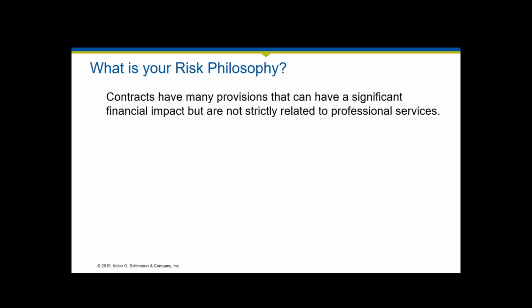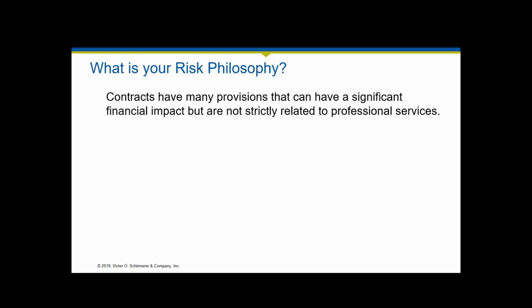So those are the things that you need to realize as a firm to be able to manage your risk. We review contracts, and oftentimes we can provide feedback on what the scope of your coverage is under the professional liability policy. But at the end of the day, as you negotiate with your client, it is up to the firm to decide exactly what it is that they're comfortable with.